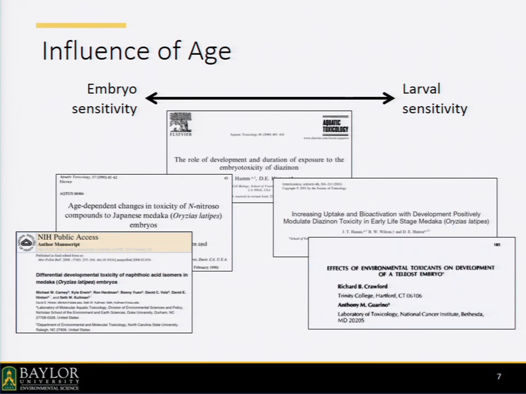But I did want to point out that a couple of studies have identified that different developmental stages may be more sensitive than others, in some cases embryos being more sensitive than larvae, and vice versa. So my dissertation wanted to get into this question to better understand if there's a sensitivity shift across developmental stages surrounding the FET test.